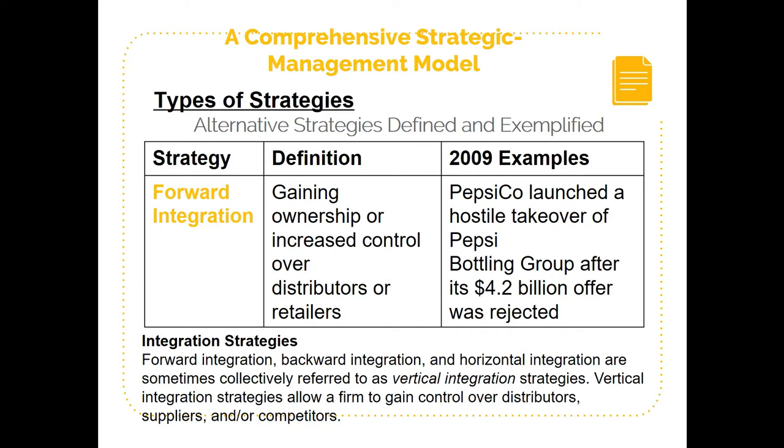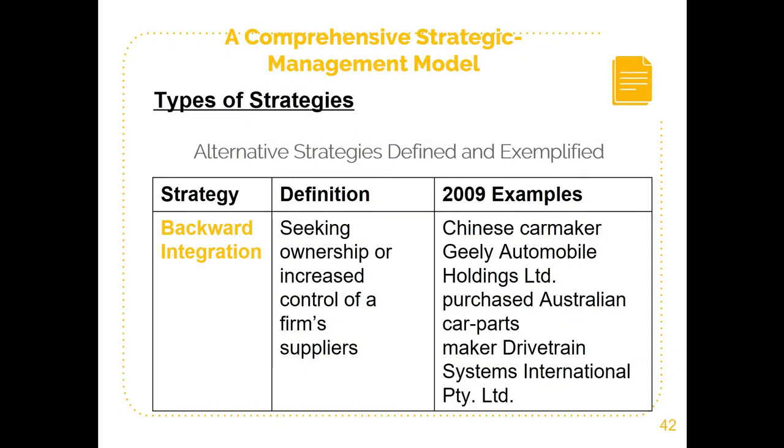Okay? We also have here your backward integration. So in your backward integration, you seek ownership or increase control of a firm's supplier or suppliers. So an example is a Chinese car maker, Geely Automobile Holding, which purchased Australian car parts maker Drivetrain Systems International.